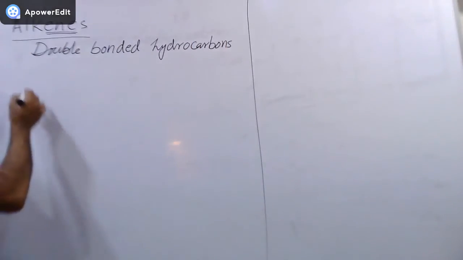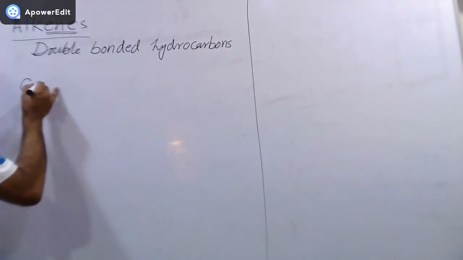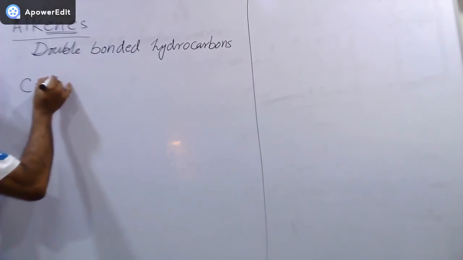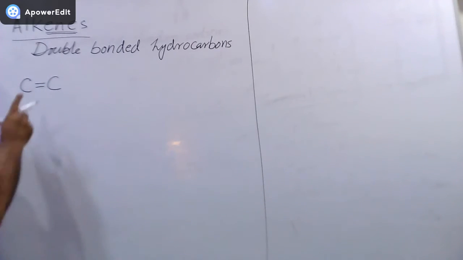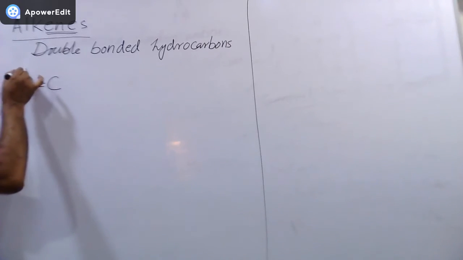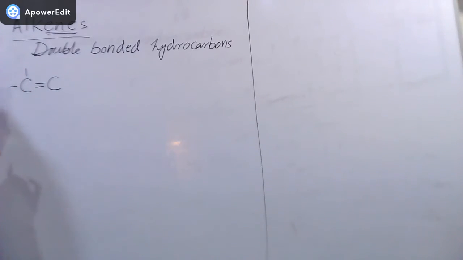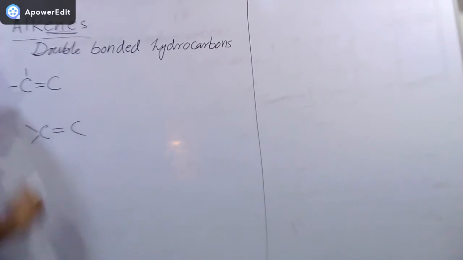See, there should be 2 carbons to form a double bond. Now satisfy their valencies. 1, 2, 3, 4. You can write it like this also. This is better. Okay, this is the proper way.